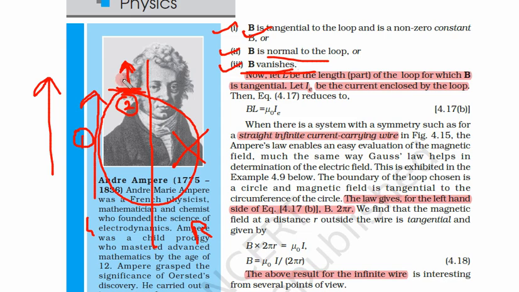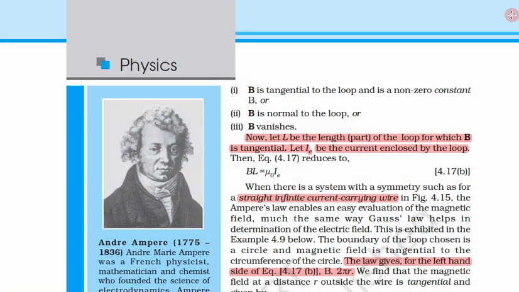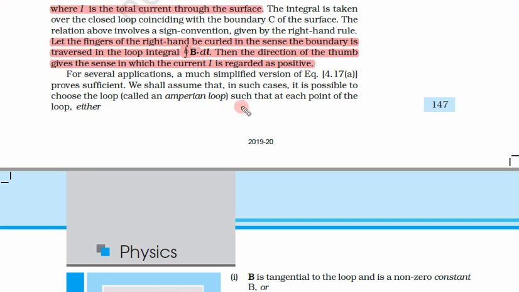So we can choose any Amperian loop in three ways. First case where B is tangential, so here we can see this element and B is tangential to this element, or B is normal to the element, or B is not there. And again, this is not for the full loop. They are asking about each point of loop.